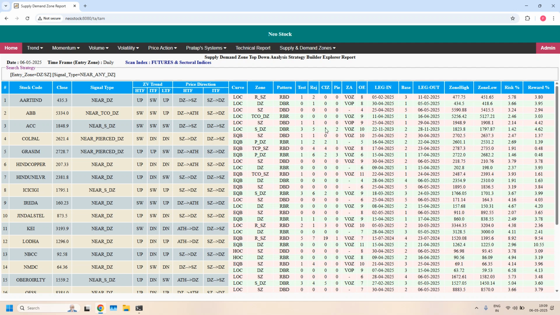ACC is not valid because it is a pierced zone. If you are having interest in the pierced zone strategies, you can apply, but you can't use HLQ zone. Not valid. And the first valid one is ICICI GI. ICICI General Insurance is having a daily high liquidity demand zone.